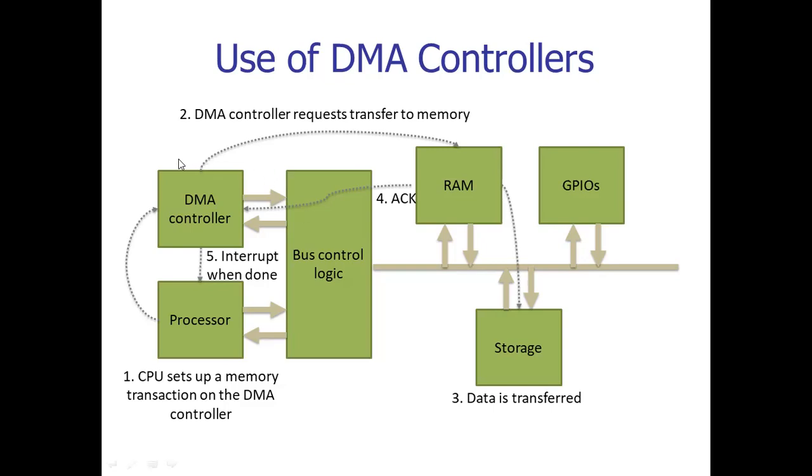The DMA controller requests transfers to the memory, that is the random access memory RAM, and from there it goes to the storage. The RAM acknowledges the DMA controller. When an interrupt occurs, the processor gives control to the direct memory access controller.